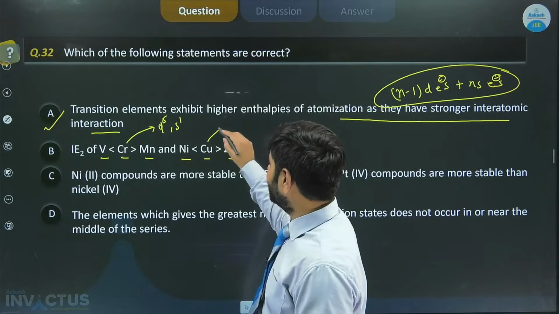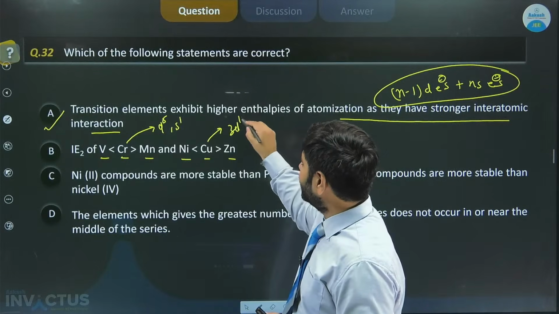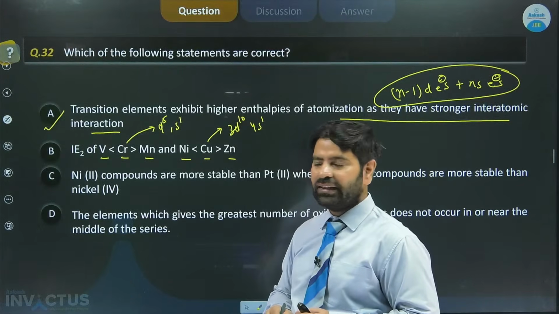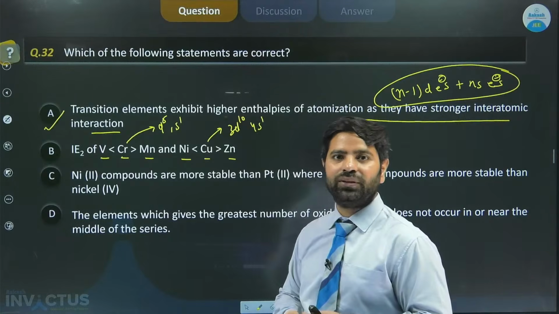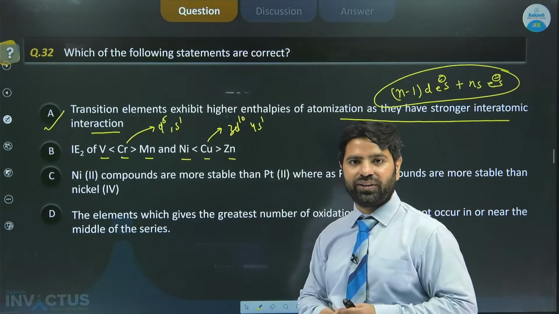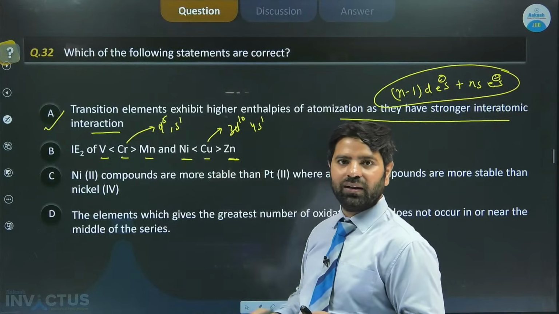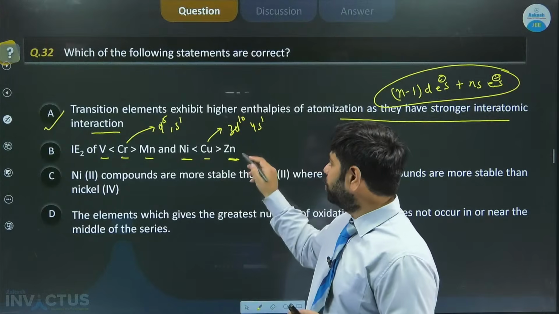Same here, if you talk about copper, it would have 3d10 4s1. When the first electron is removed from the 4s, to remove the second electron it is very difficult because 3d10 is a fully filled configuration. Similarly, you can check Zn and nickel. Zinc is 3d10 4s2.